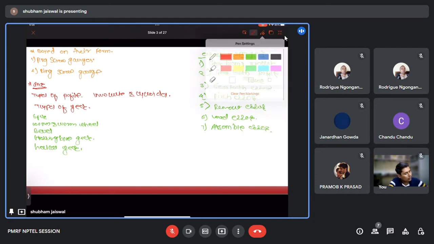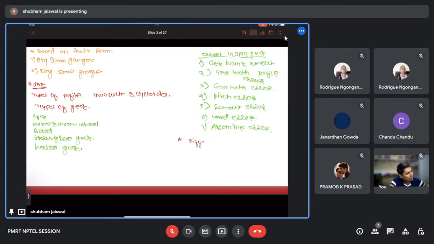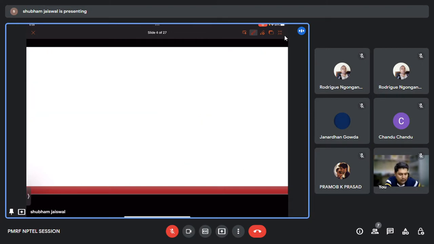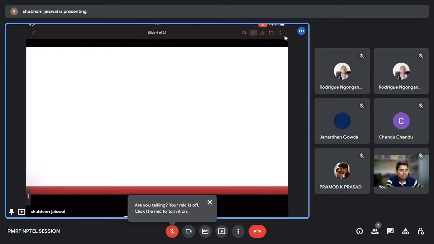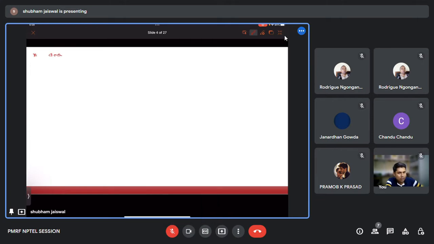Also with this we have seen the different gear terminologies: what is base circle, addendum, dedendum, similarly what is the flank and face, tooth thickness, etc. And after that we saw some instruments to measure the tooth thickness, like the gear tooth caliper.